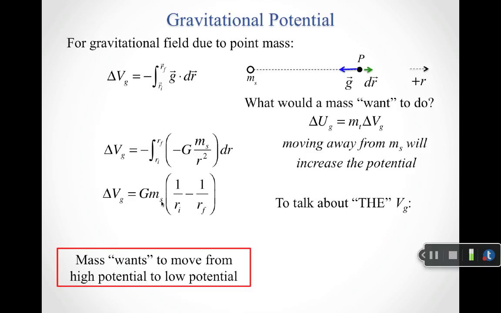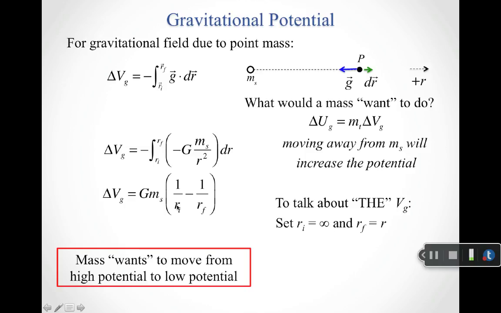If we want to talk about the gravitational potential in this situation, we have to have a place where we can say the potential equals 0. Just like with the potential energy for a point mass, that happens to be when you're infinitely far away. So the gravitational potential equals 0 when you're infinitely far away from your source mass.